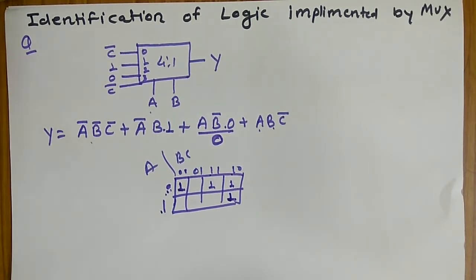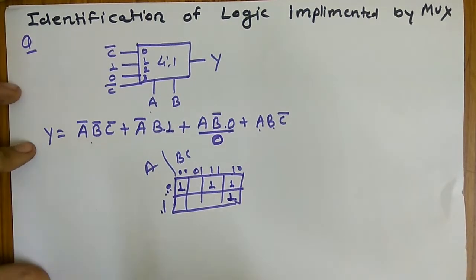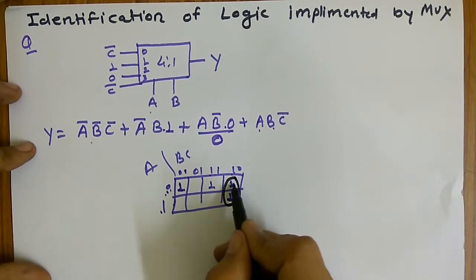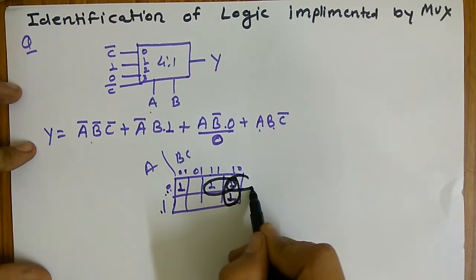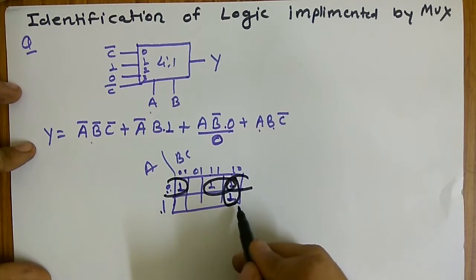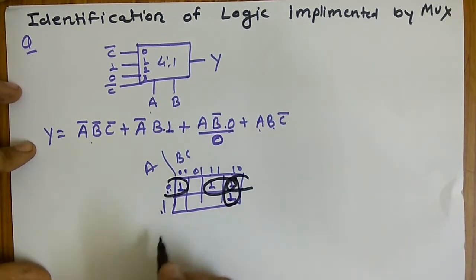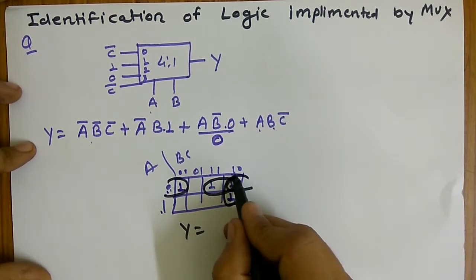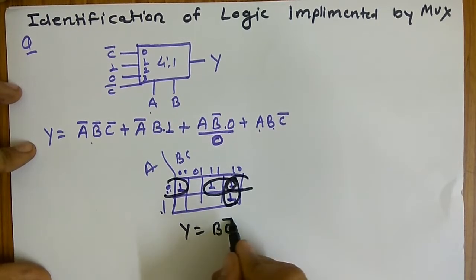Then we can make the pairs for this one, and this one. So for this one, what will be the equation? This will be y is equal to b c bar.